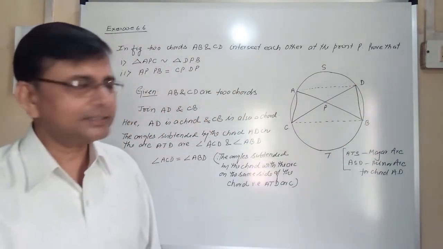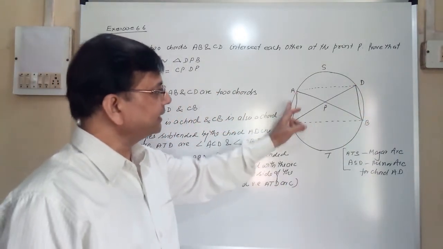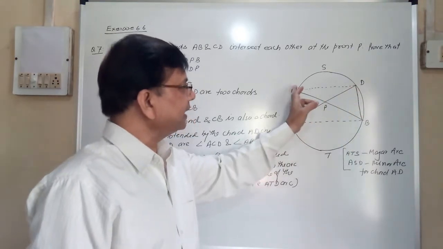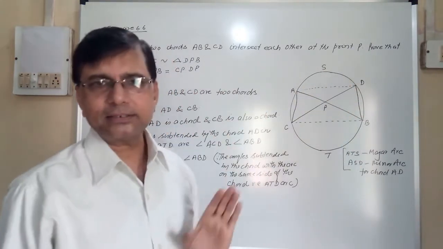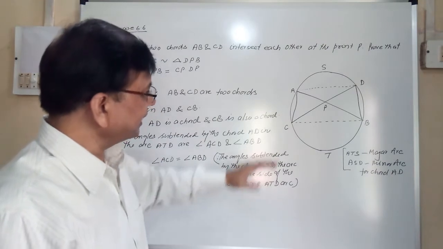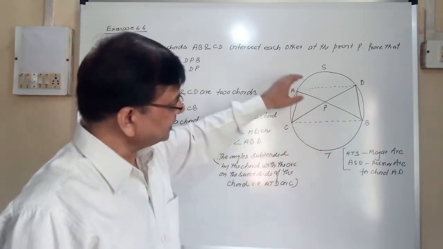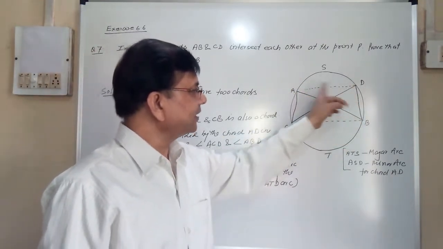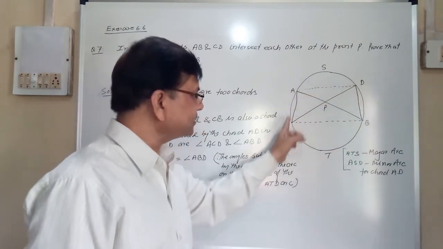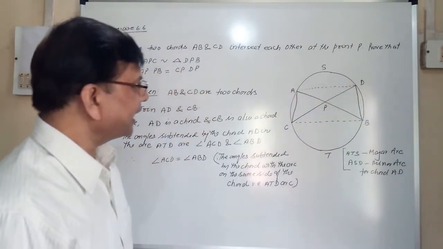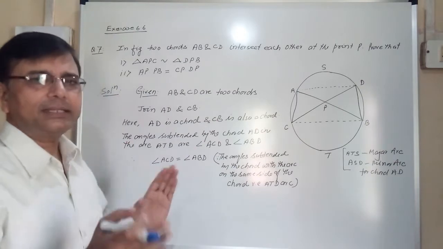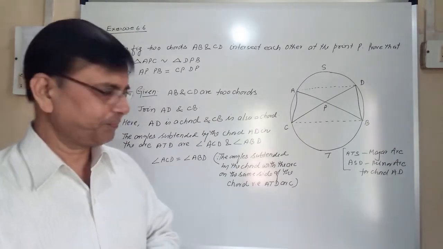So ATD is bigger, that is why it is called the major arc, and ASD is small, that is why it is the minor arc. Here in the same arc, means in the major arc, this chord is subtending these two angles, ACD and ABD. So that is why these angles will be equal.